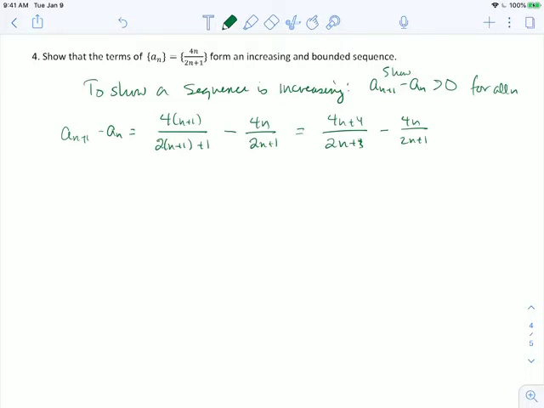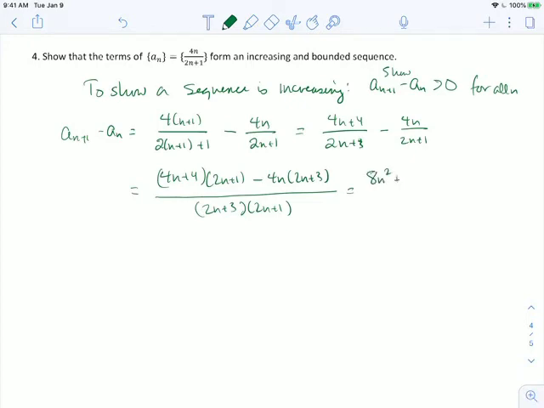Well, I've got two fractions. Maybe I should combine them into a single fraction. And so I'm going to find the least common denominator. That's going to be the product of those two. And so I get that, and now I need to do a little bit of multiplication.